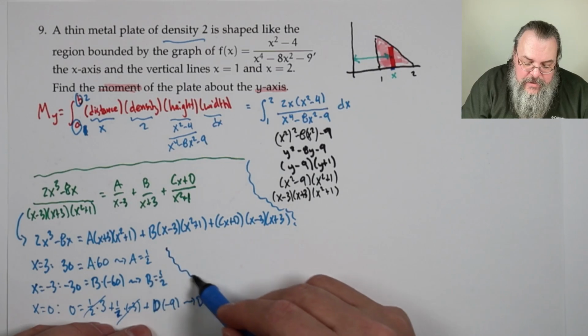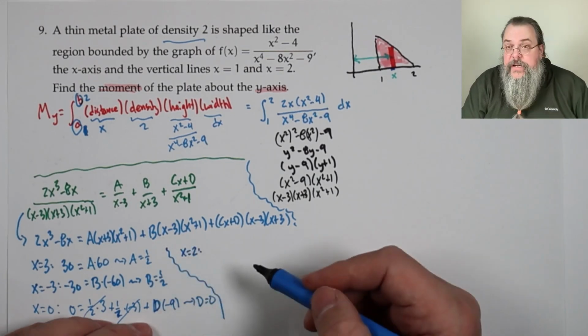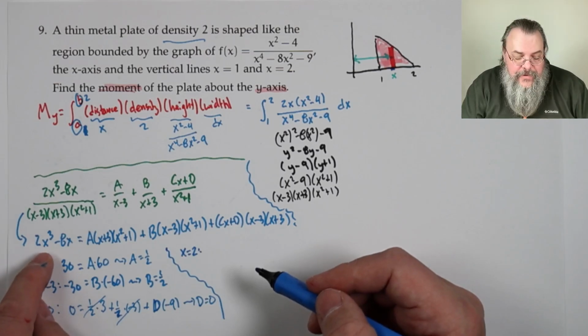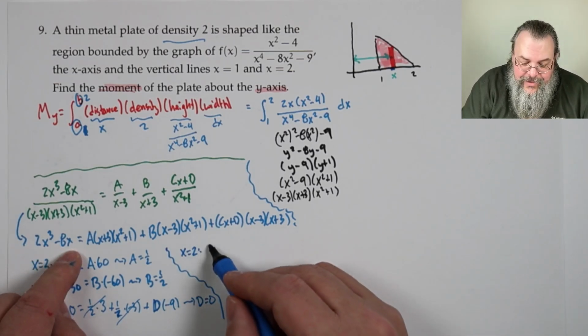All right, how about we pick 2? You might say, why did you pick 2? I just needed a number, and 2 is very convenient because if you look here, 2 times 8 minus 8 times 2 is 0.